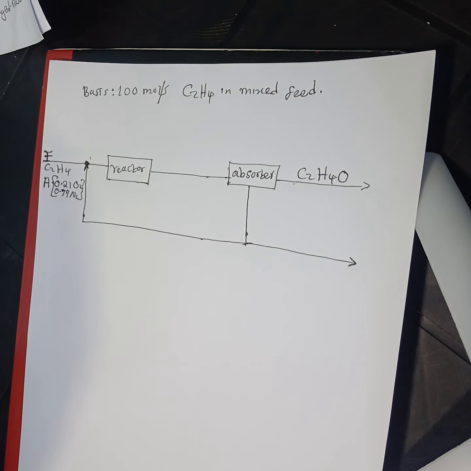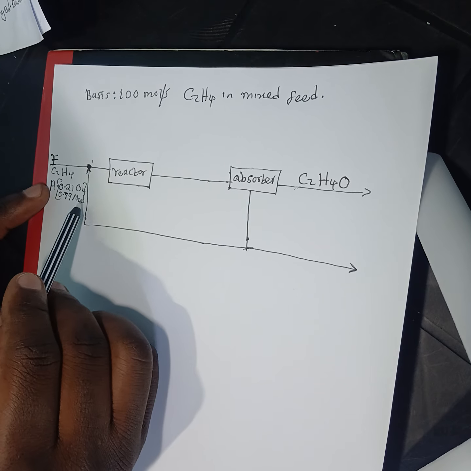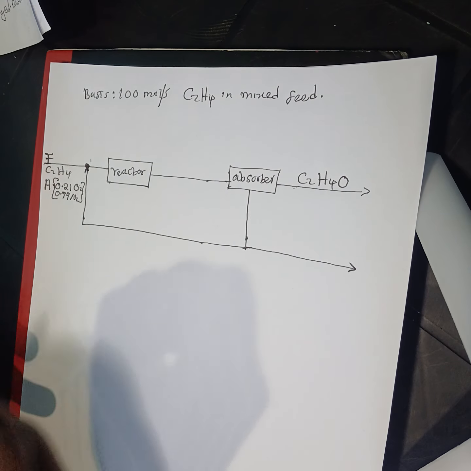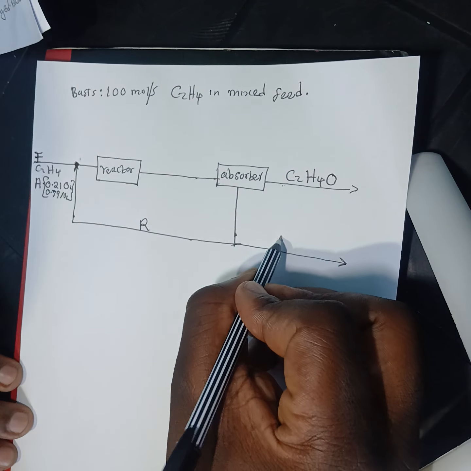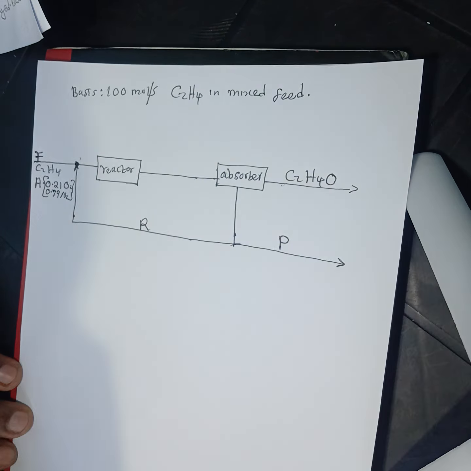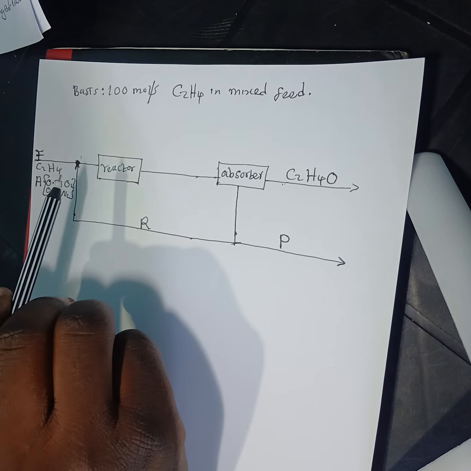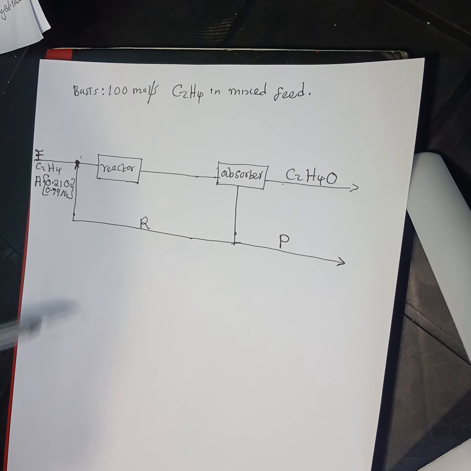Okay. Now, this is the fresh feed that we have. All these things make up the fresh feed only. Then at this point, we have this to be the recycle stream. Then we have this to be the purge stream. Then we're being told that the fresh feed together with the recycled feed is mixed and enters into a reactor.